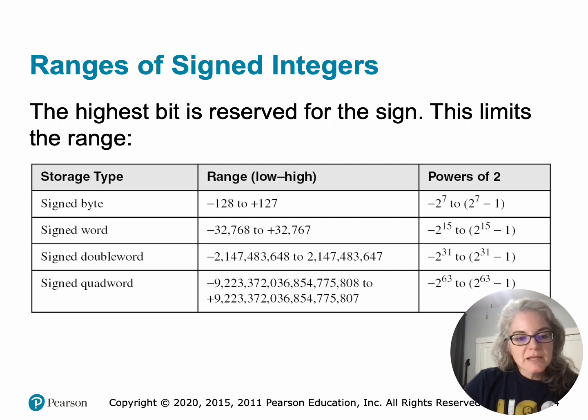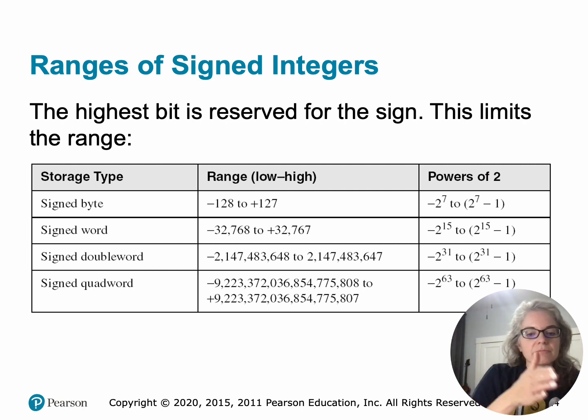So basically, if you're going to get data, the data cannot be greater than 32,767 and negative 32,768. That's going to be the boundaries of the integer.